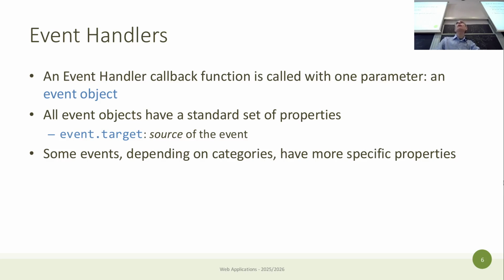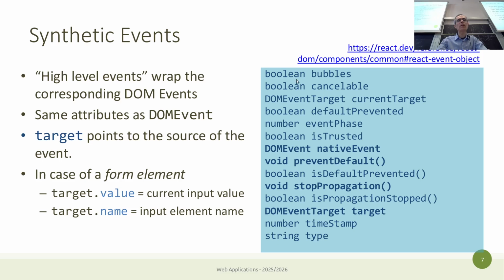Like if it's a mouse event, it might tell you where the mouse moved. If it's a click, where the mouse clicked exactly in terms of coordinates. If it's an animation event, it might tell you, I don't know, how long it's supposed to last, and so on. I just invented that. But of course, depending on the event, there is a set of properties which are common to all events, and then specific properties depending on what the event is signaling.